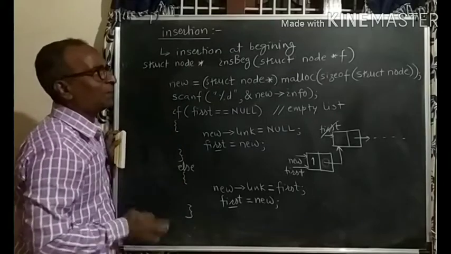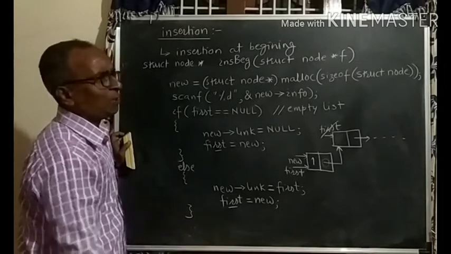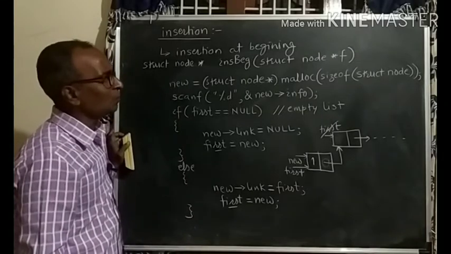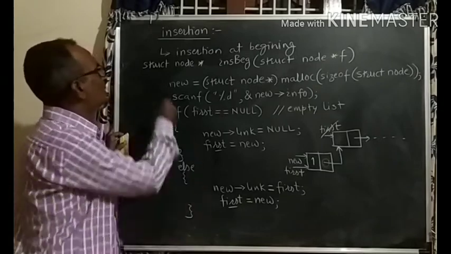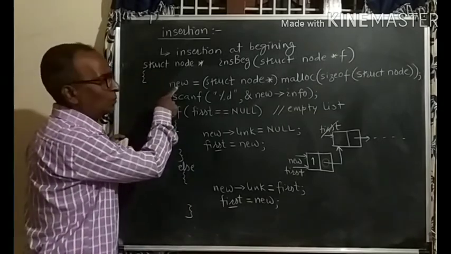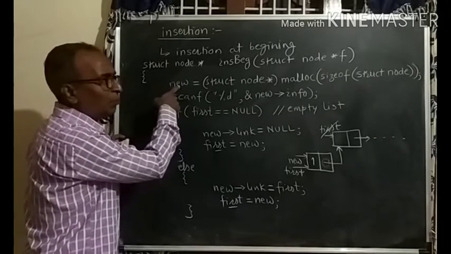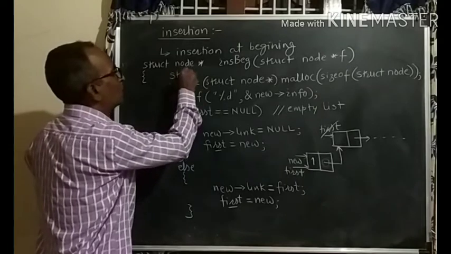Now the rest of the things will be similar to this. What extra do you have to add? This, what is new? This is a structure pointer. You have not declared it, so you have to declare this.